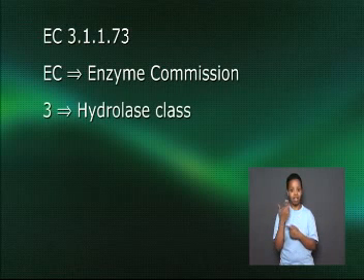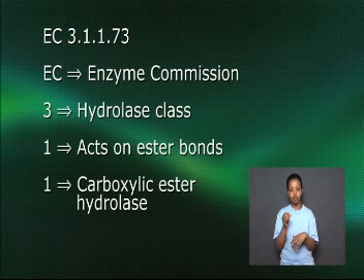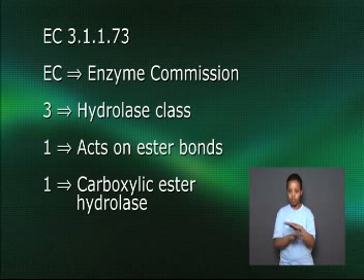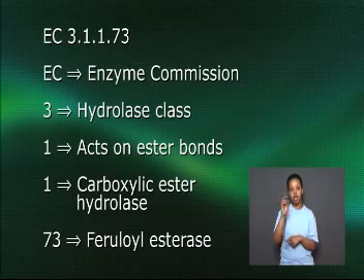3 tells us that this enzyme is a hydrolase. 1 tells us that the enzyme is a subclass that acts on ester bonds. The second 1 indicates that the sub-subclass is the carboxylic ester hydrolase. Finally, 73 is the number assigned to this particular enzyme, which is feruloyl esterase.